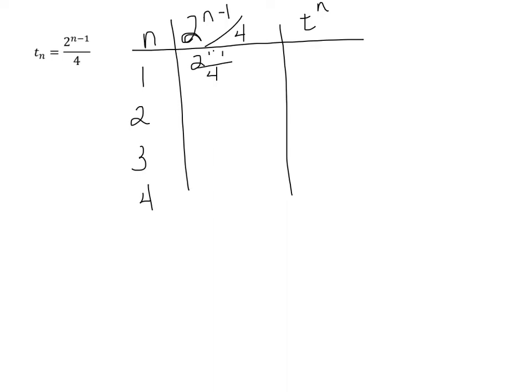So 2 to the power of 1 minus 1, that's 2 to the 0 power, and anything to the 0 power is 1, so that's 1/4. 2 to the power of 2 minus 1 is 2 to the 1, which is equal to 2, and 2 over 4 is 1/2. 2 to the 3 minus 1 is 2 squared. 2 squared is 4. 4 over 4 is 1.